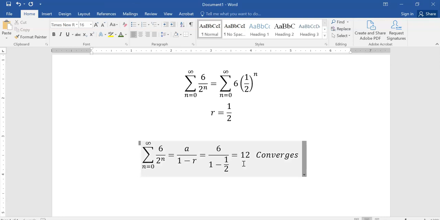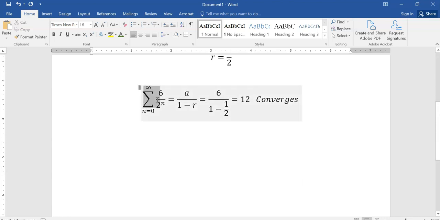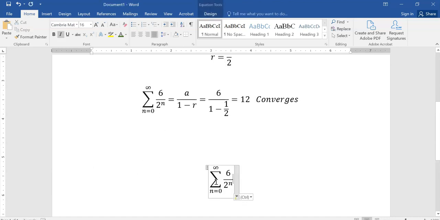Now, what if we started our count at n equals 2, like on part B? Well, we have to think about this. When you start at 0, if I would have plugged in 0, I would have gotten 6 divided by 2 to the 0 power. If I had plugged in n equals 1, I would have gotten 6 over 2 to the first power.